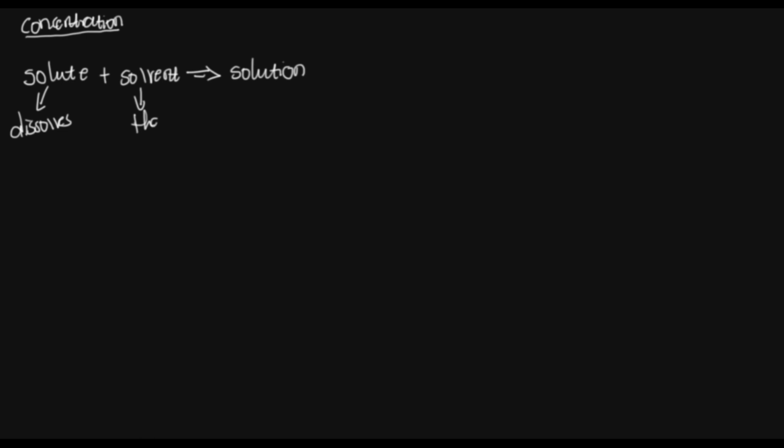So for example, if we have a solution of water and salt, the salt is known as a solute because salt will dissolve in water, while water will be known as a solvent, since water will dissolve our salt, which is our solute.